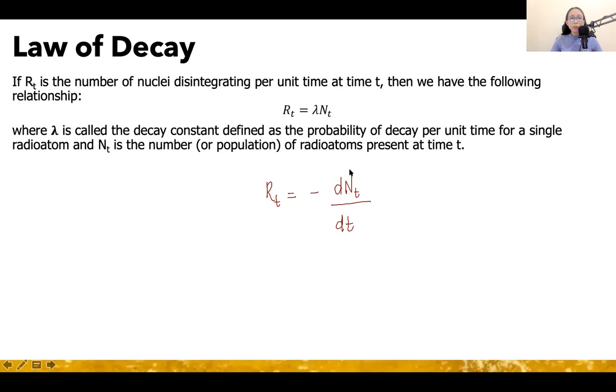So in order to keep R sub t a positive value, we introduce the negative sign. Now, if you've studied chemical kinetics, then this is just one of the equations that you have in chemical kinetics. In fact, this is first order kinetics. All of your radioactive processes follow first order behavior.